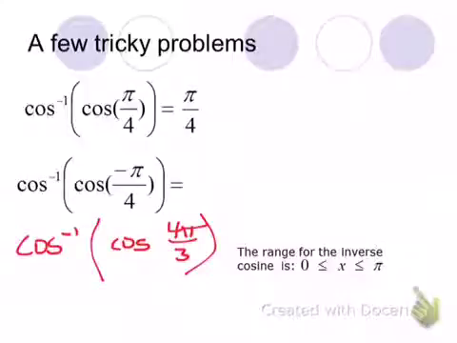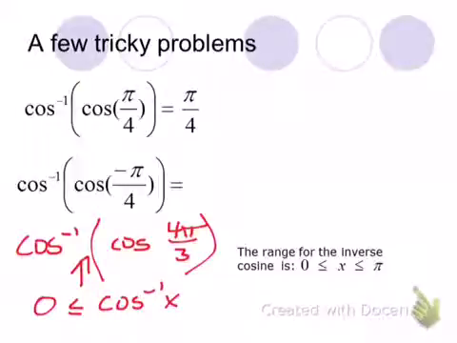But that's not the way it works. Where does the inverse cosine live? It lives between 0 and pi. Is 4 pi over 3 between 0 and pi? It is not.